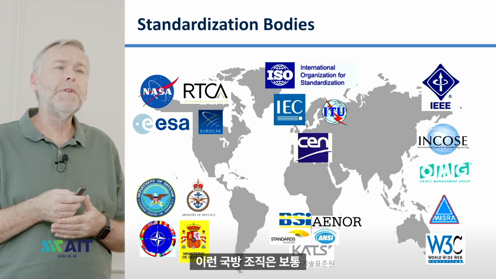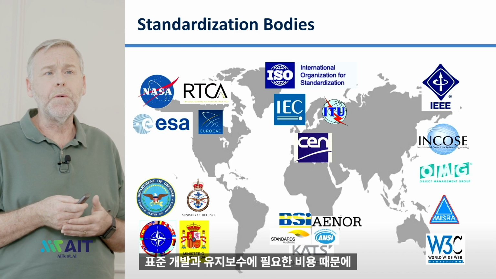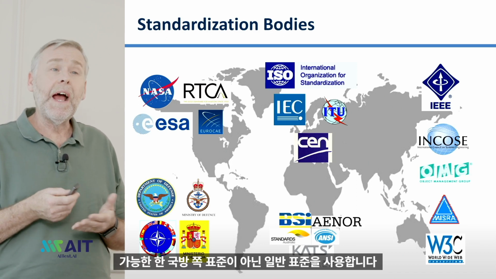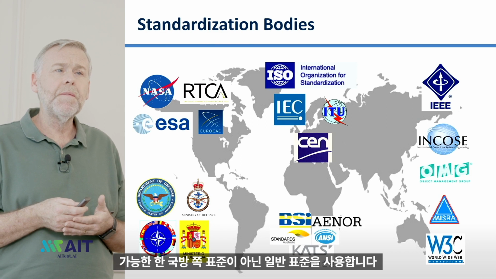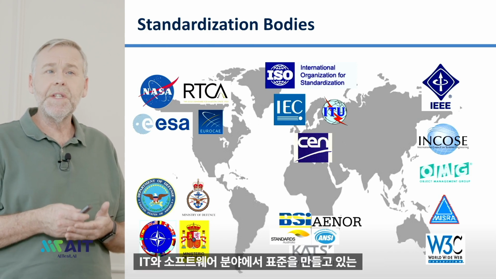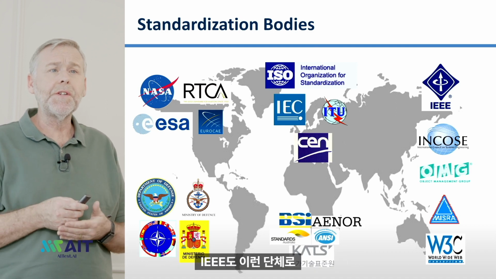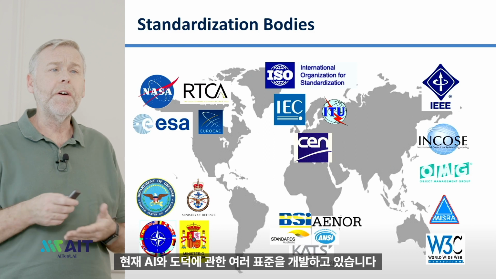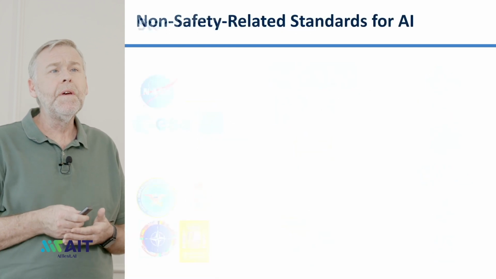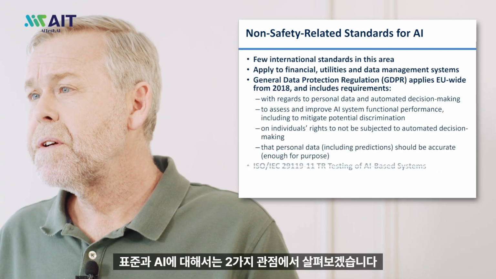It's now normal for defence organisations to use non-defence standards wherever possible, due to the prohibitive costs of standards development and ongoing maintenance. On the right of the slide are examples of industry bodies that produce standards in the areas of IT and software. The IEEE is one such example, and they are working on a range of standards on AI and ethics.